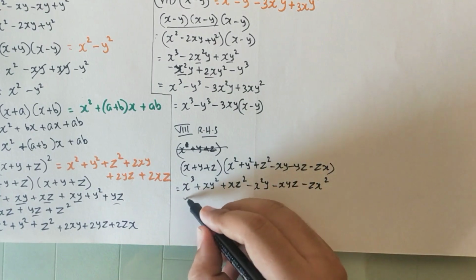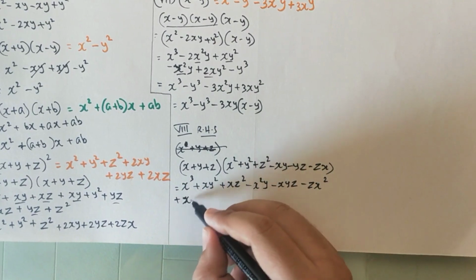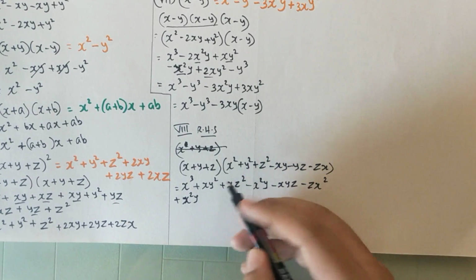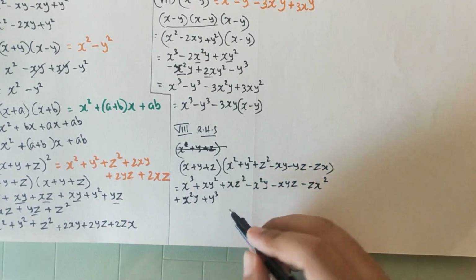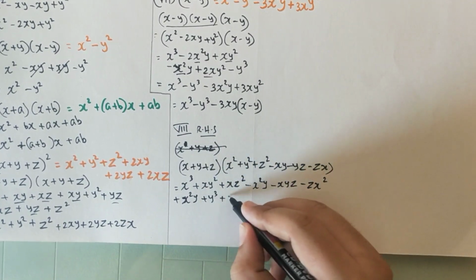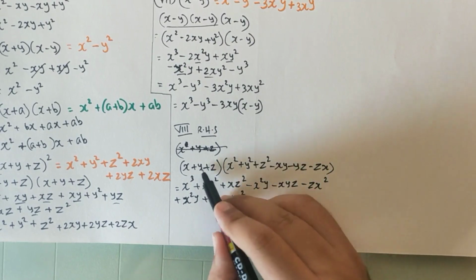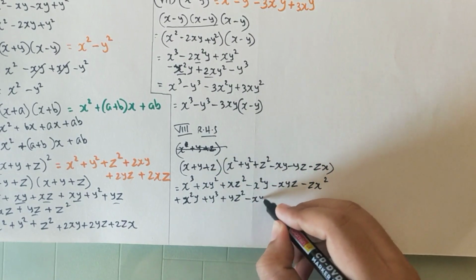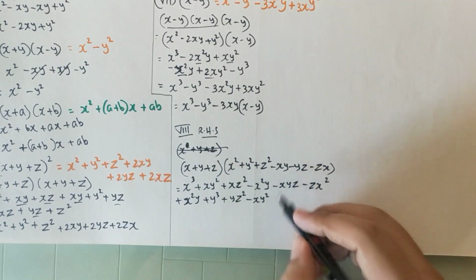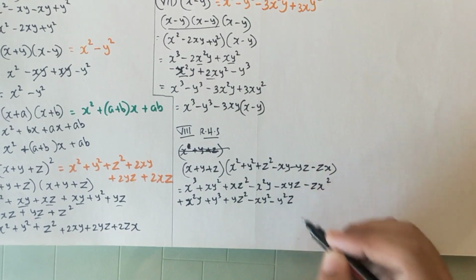y into x square, that is plus x square y. y into y square will be plus y cube. y into z square will be yz square. y into minus xy will be minus xy square. y into minus yz is minus y square z.